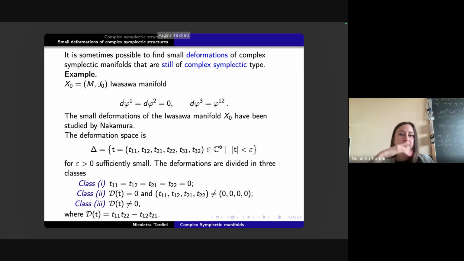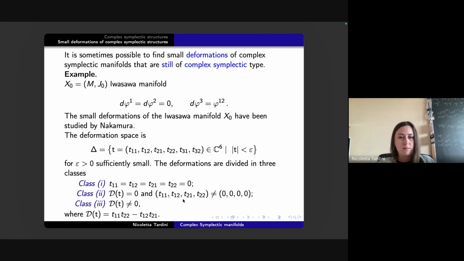And so the deformation space is, let's say, given by these 6 parameters. And Nakamura, in his paper, which was improved many years later by Angella, divides the deformations using Hodge numbers in 3 classes.